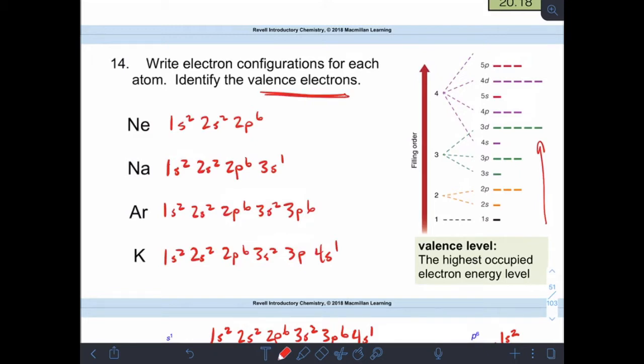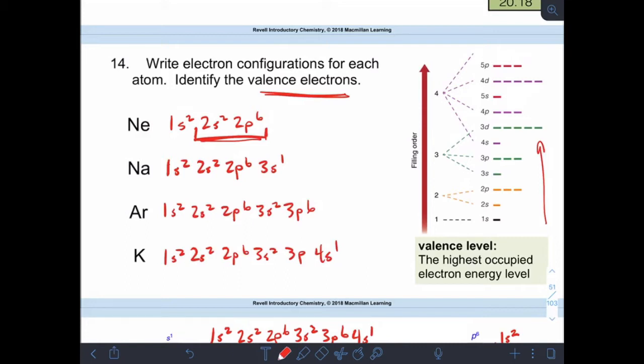In our electron configurations, pick the sets that have the highest numbers. If I'm looking at neon, I have a 1s, a 2s, and a 2p. So I've got two of these that have a 2, and I'm looking for the highest number. So that 2s2, that 2p6, those are my valence electrons.